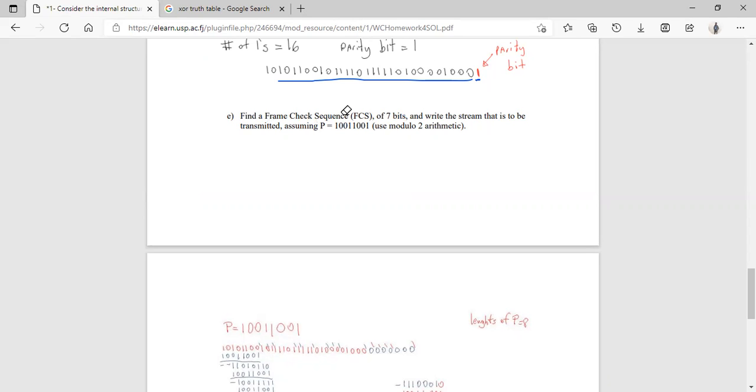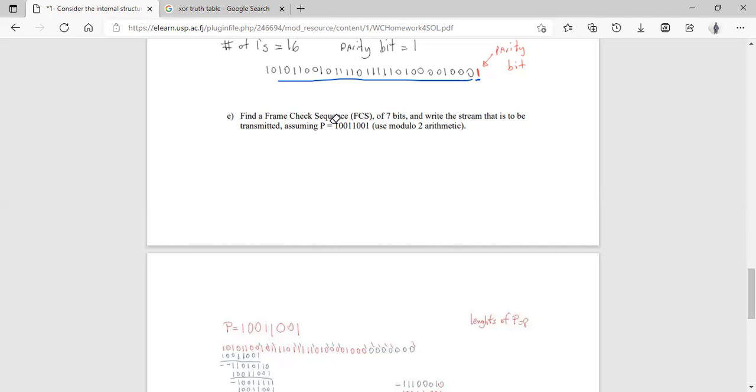So that is the function of the frame check sequence: it is used to check whether there has been any error or not. In this case, we have to write the stream that is to be transmitted. This is the arithmetic operation needed to code the data into 7 bits, so that we find a frame check sequence that is 7 bits long, which will be attached to the transmitting data at the end.